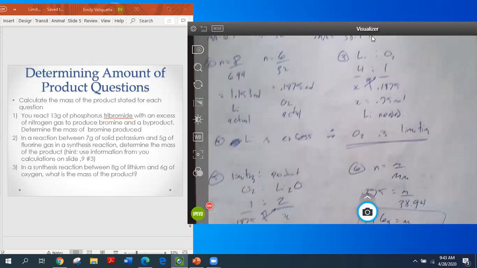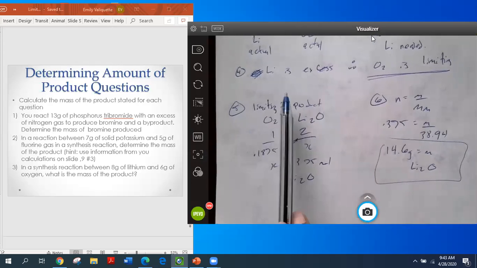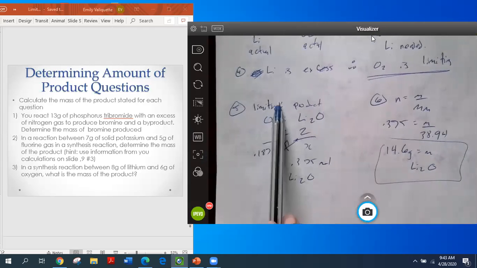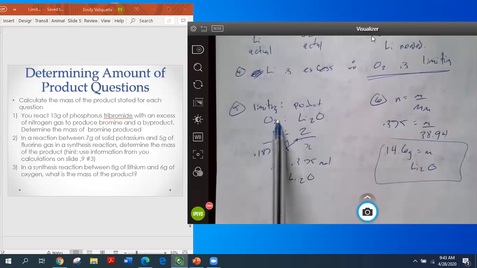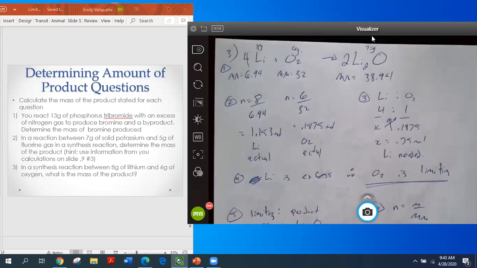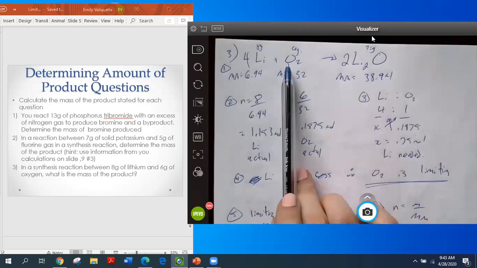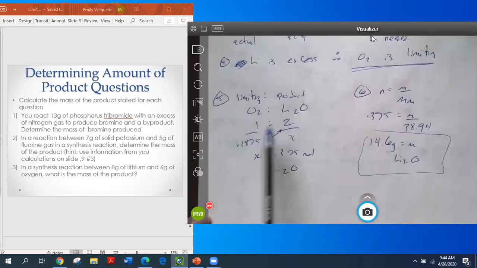Once you figure out that the oxygen is limiting, you can then move on to steps 5 and 6, which are the part 2 of this question. You're going to set up a mole ratio between your limiting reagent and the product, so in this case, the oxygen and the lithium oxide. According to our balanced chemical equation, it is a 1:2 ratio.